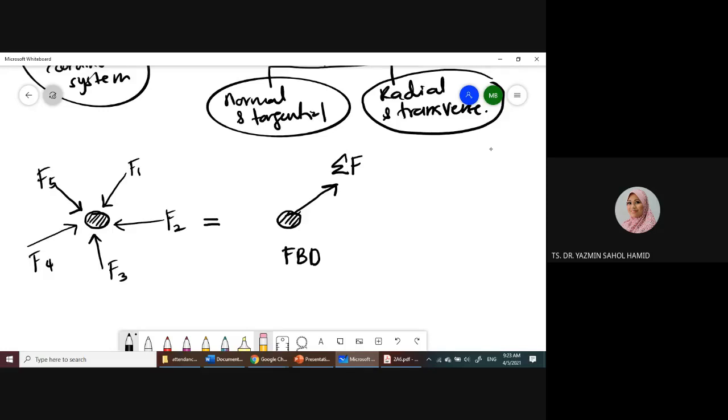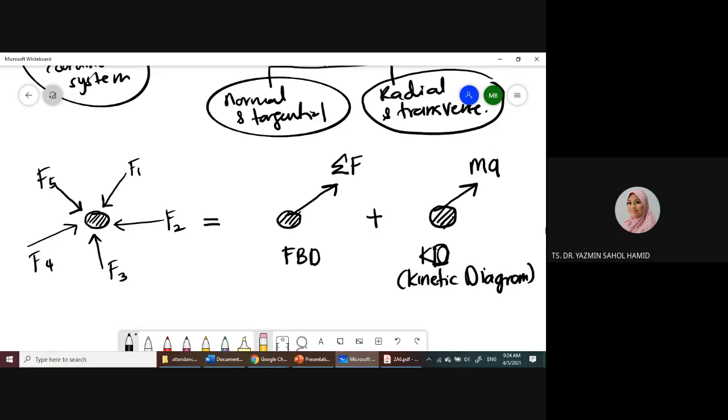And it must be paired with another diagram. This other diagram is what you call the kinetic diagram, KD. And your kinetic diagram is m multiplied by a.